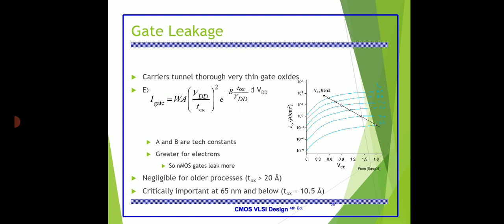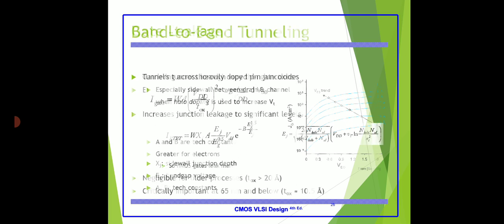From this graph you can see that the gate leakage increases by a factor of about 220, and to keep the gate leakage below the level, the oxide thickness must be at least greater than 10.5. This gate leakage current can be reduced by substituting the silicon dioxide with a higher dielectric constant material.